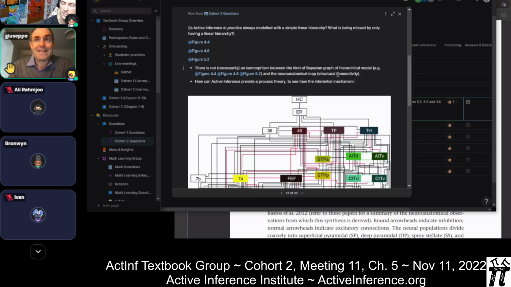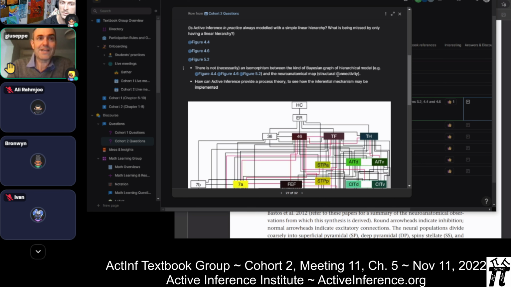So yes, the two descriptions are not isomorphic, but I think there should be some degree of agreement. And in this case, I think that what may be masking the similarities or the potential overlap is that there's a big difference in the degree of complexity.